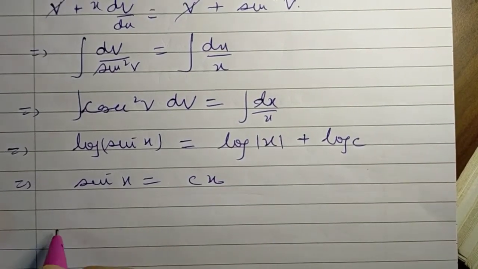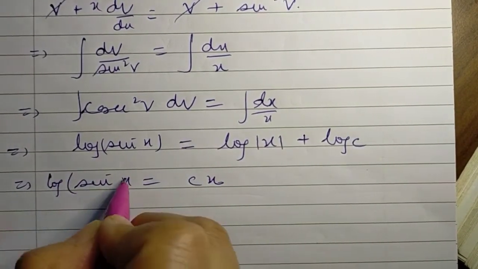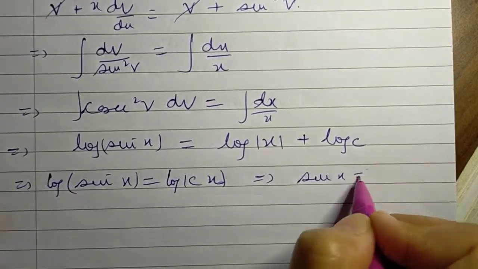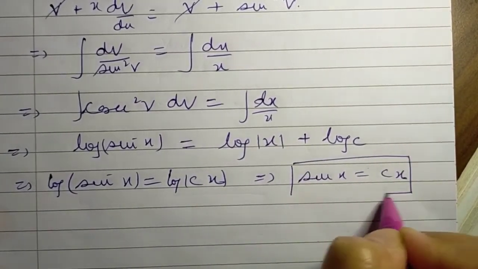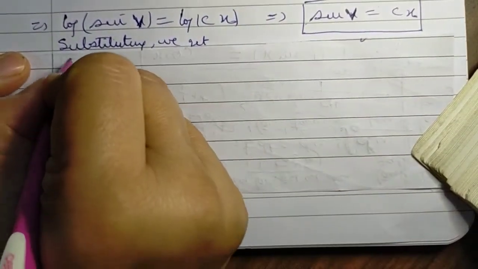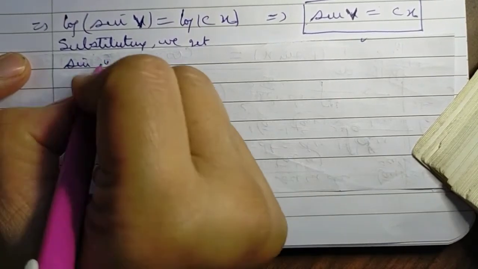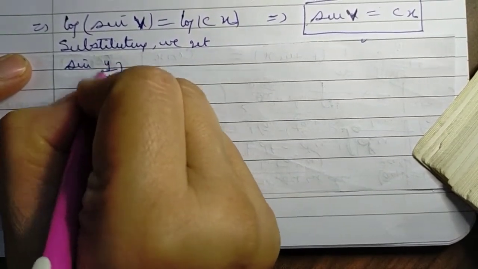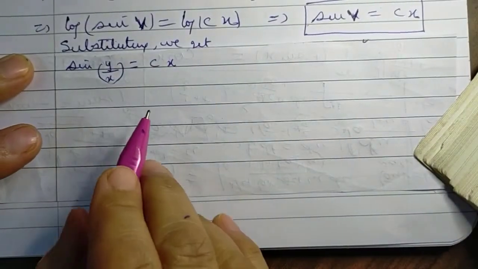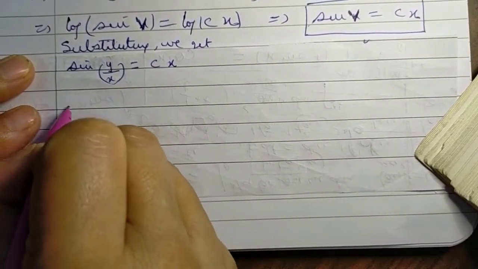Now we put the initial condition. Substituting the value of v, we get the relation in terms of y by x with the constant c.